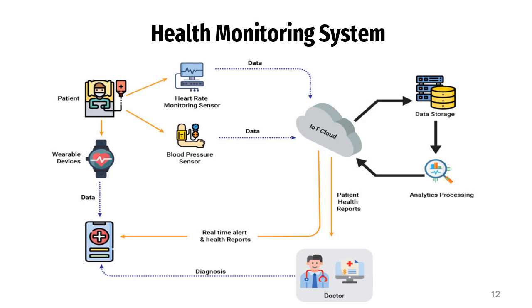If it detects an abnormality, it then sends an alert to the monitor, maybe like a mobile phone or an alarming system in the patient's room. And at the same time it also sends the patient health reports to the respective doctor.